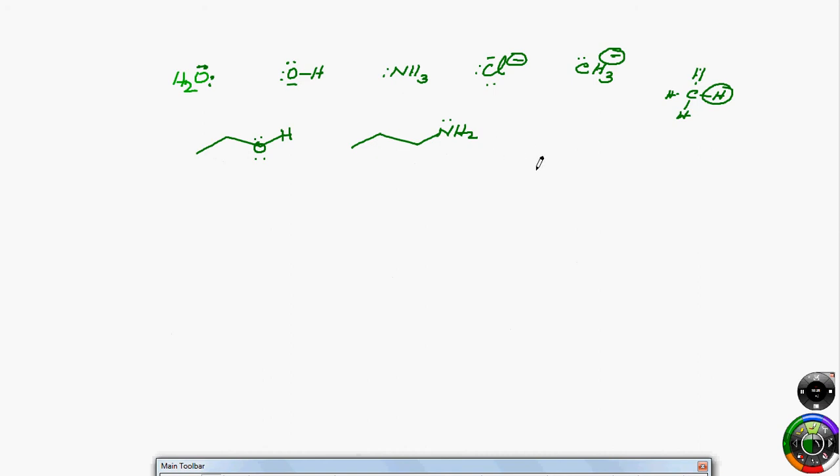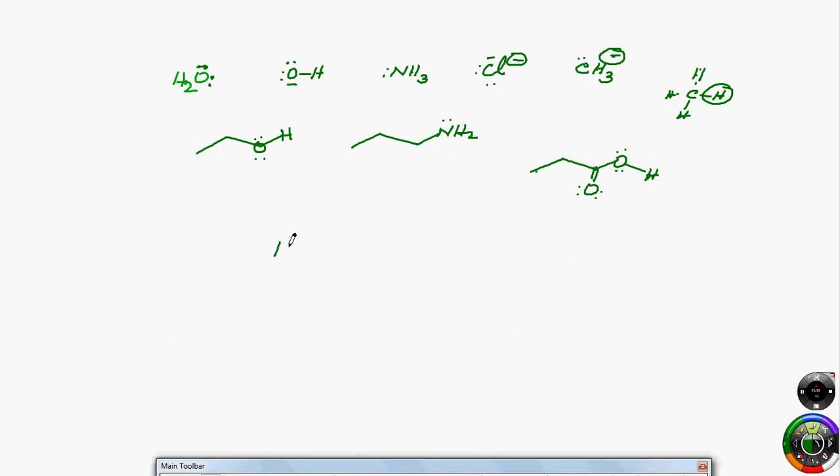Carboxylic acids, CH3 CH2 COOH, because of the presence of pairs of electrons on oxygen, is also a nucleophile. There will be 2 pairs of electrons here, 2 pairs of electrons here. So all these are nucleophiles because of the presence of electron pairs, which can be donated to form a new covalent bond.